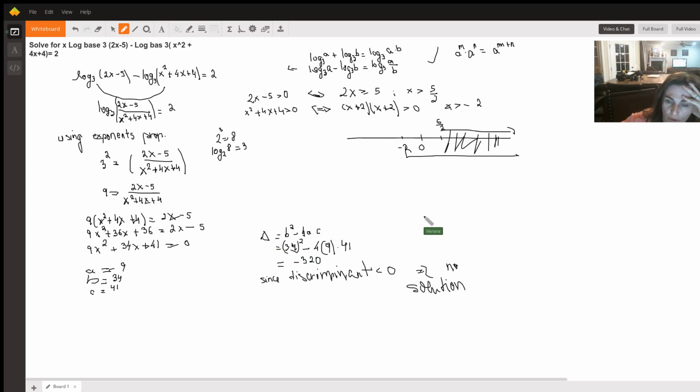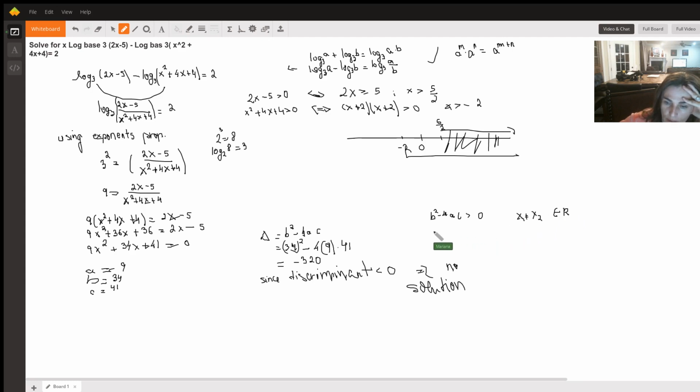If you recall from Algebra 2, if your discriminant, b to the second minus 4ac, is greater than 0, that means you're going to have two real solutions. They're totally different, so x1 is not equal to x2, but both solutions are real, so they belong to the real numbers.